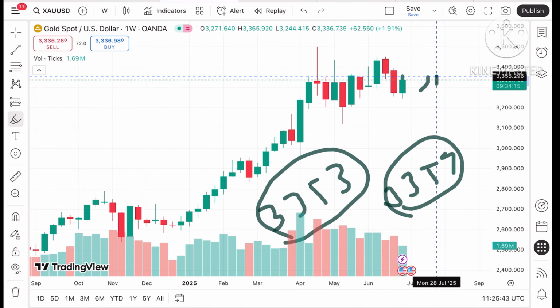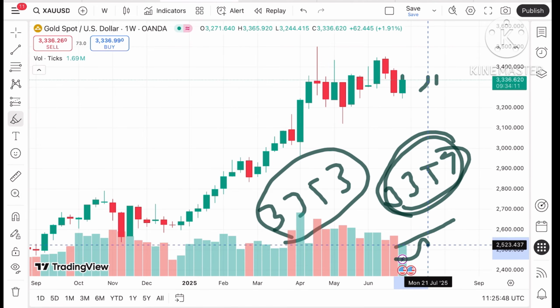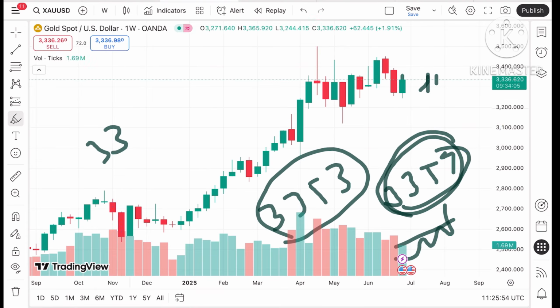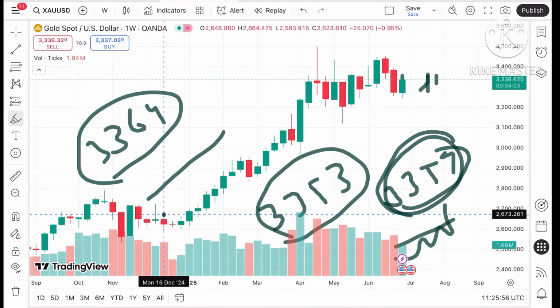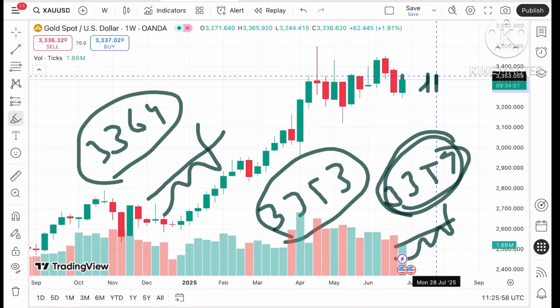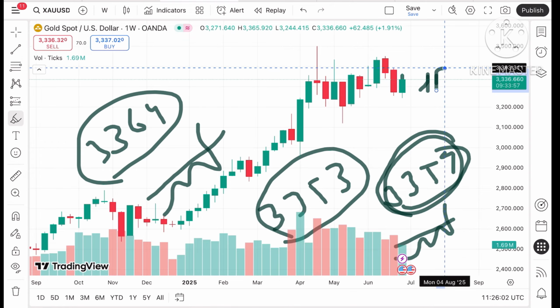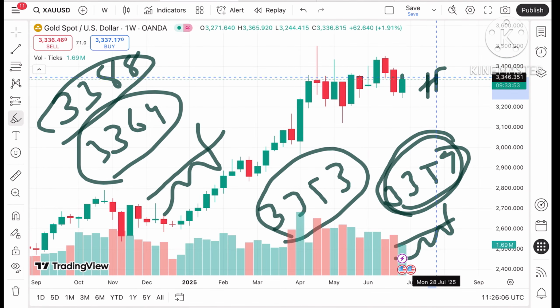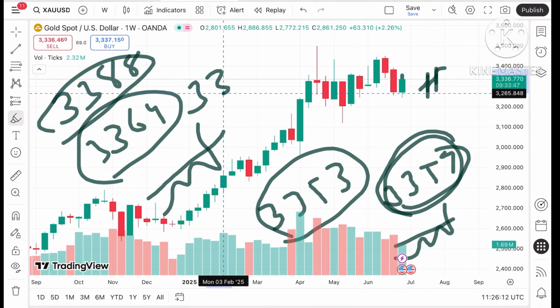Once the price sustains 33.59, which is already tested, chances are high the price can go further upside, and after that it can touch a level of 33.64. 33.64 is already tested, so the price will go further upside, and after that the price can touch a level of around 33.88. After 33.64, we can see a level of 33.91.